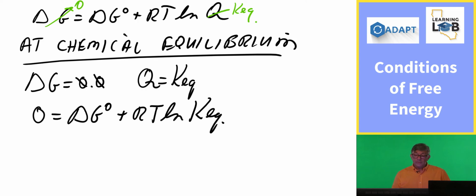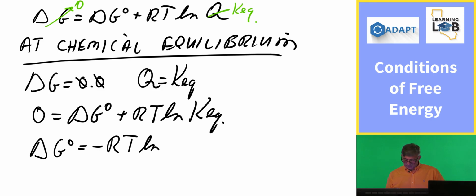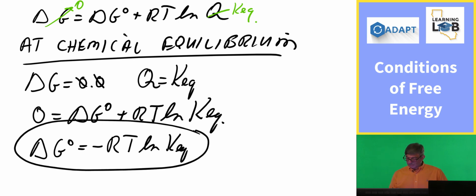This provides us the relationship between standard state free energy and the equilibrium constant, which is delta G naught equals minus RT ln KEQ. And one can calculate the free energy from the equilibrium constant and vice versa. That's the overall free energy term under two sets of conditions, at standard state and now at chemical equilibrium.